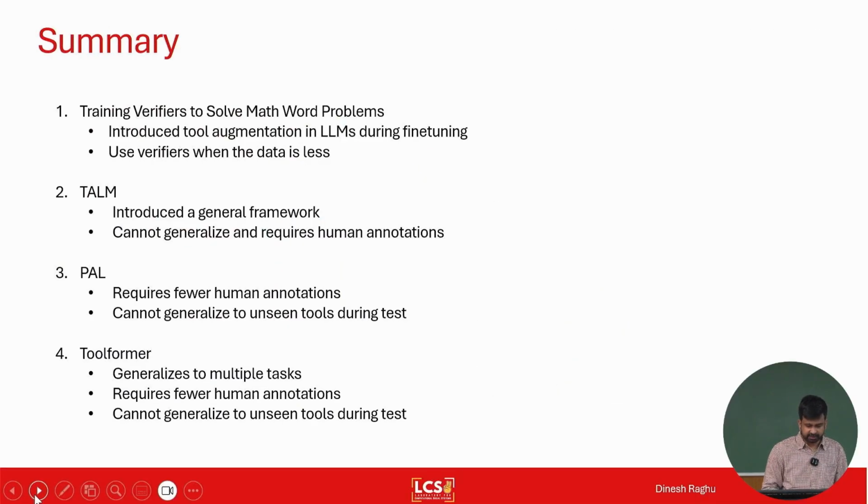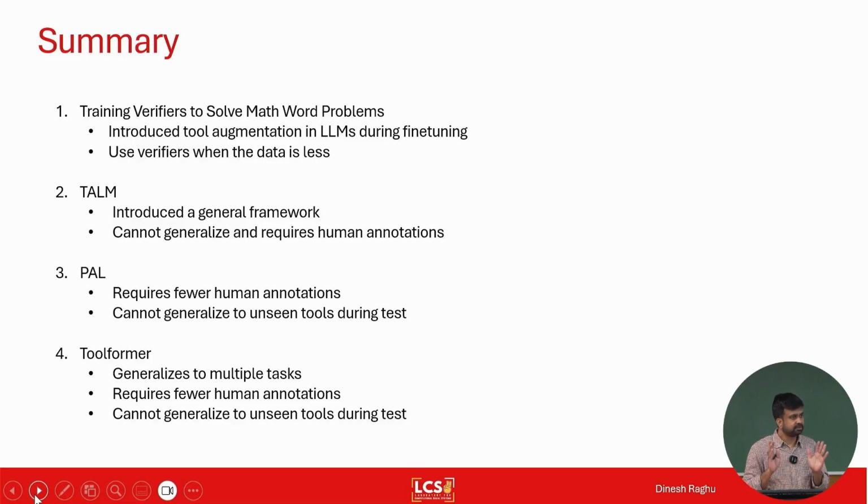So the summary of this paper is that it's not task specific. The solution is slightly more general purpose. It can scale to tasks that it has not seen during training, because it just happens in next word prediction, right? And it requires very few human annotations, because you just need a few-shot examples for every tool that you use, and then the model will be able to annotate and get the whole data by itself.